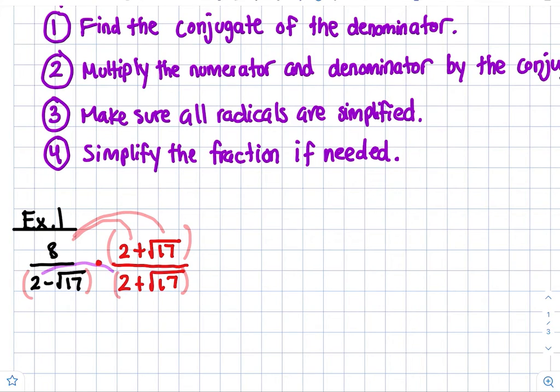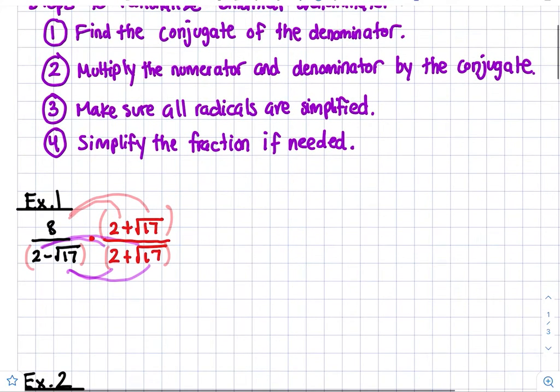The 2 will distribute to both of these, and the radical 17 will distribute to both of these. So we're really practicing our algebra skills. On the top, 8 times 2 is 16. 8 times square root of 17 is plus 8 rad 17.